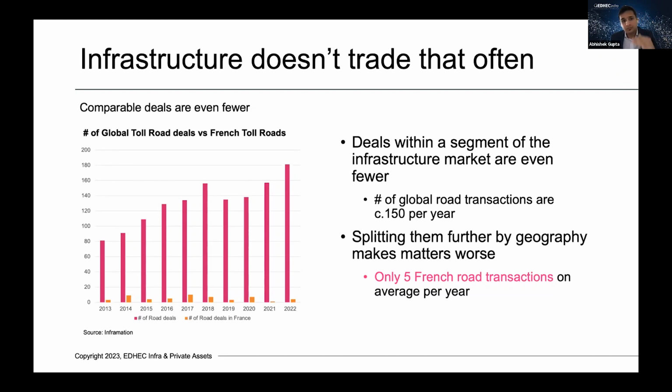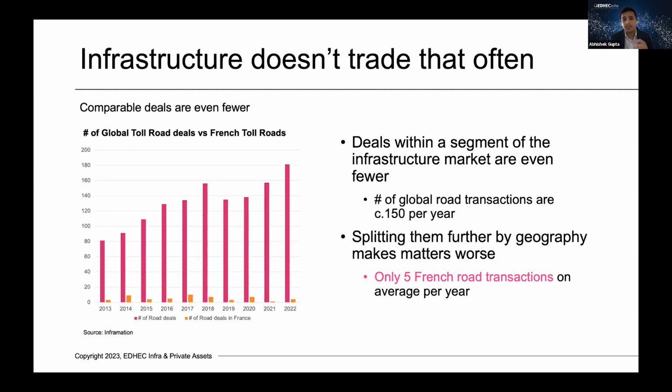Now, if you split this further by geography, French toll roads, you have about 5 transactions on average per year. And that's a very small data set to really find something and then start to look at the risk exposure, the same type of leverage, the same type of size bucket, and so on. It gets very difficult to find the comps that you're interested in.